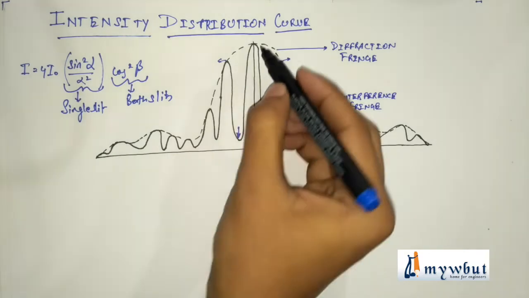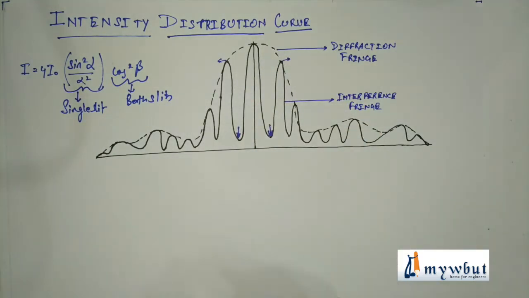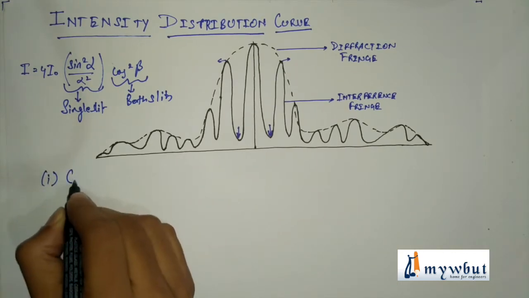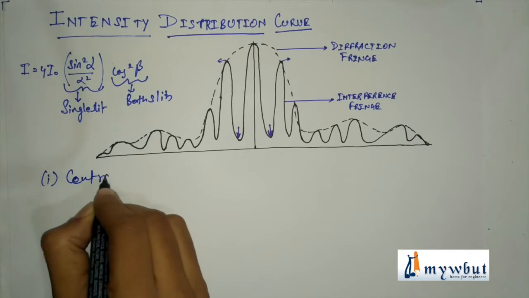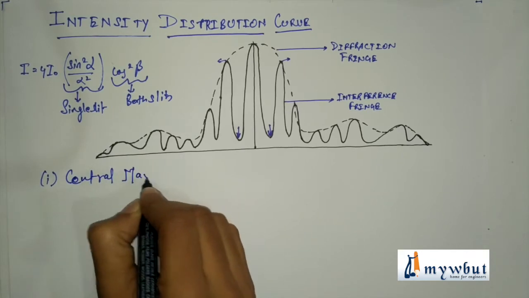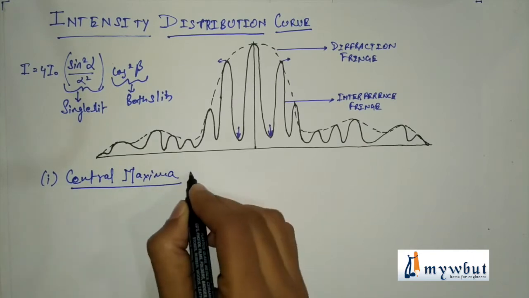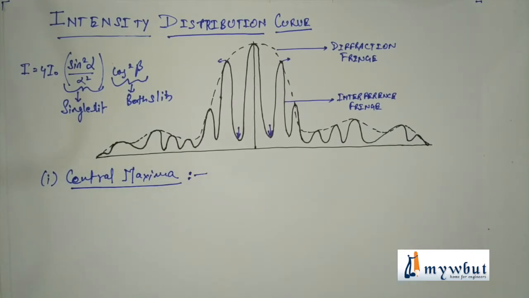Now, since we have understood this curve, we will proceed to the condition for central maxima. We know that the intensity for the central maxima is the maximum, hence it is called the central maxima.